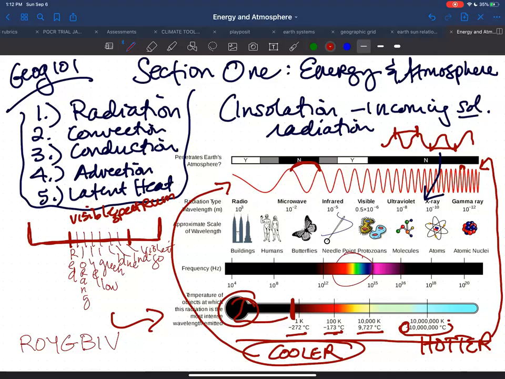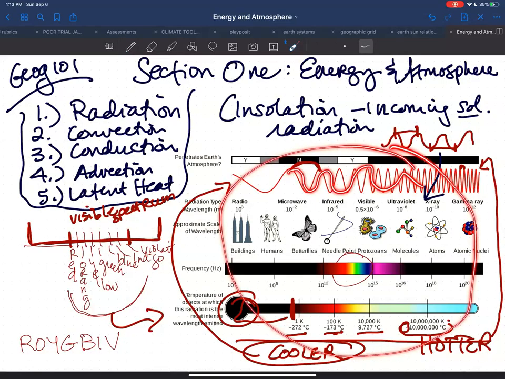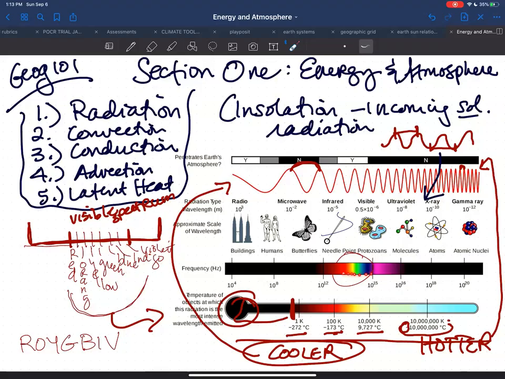So first of all, of the visible spectrum, I also want you to know which side has the longer wavelengths and which side has the shorter wavelengths. You can look at this image that I've put over here, look at the wavelengths up here, and look at the colors of the visible spectrum here: red, orange, yellow, green, blue, indigo, violet.